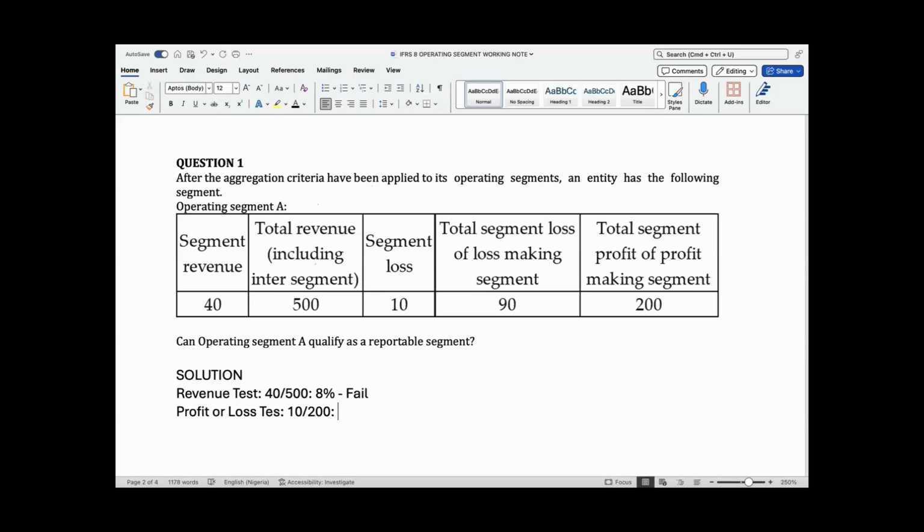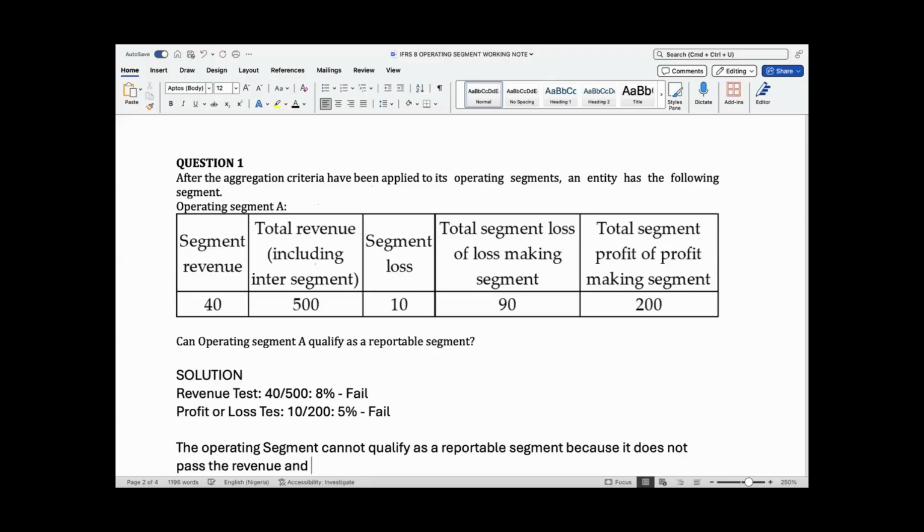That's 5%. Fail. The operating segment A cannot qualify as a reportable segment because it does not pass the revenue and profit tests.